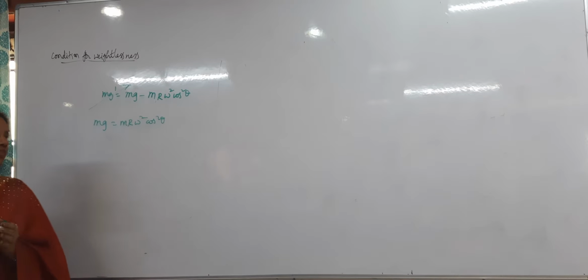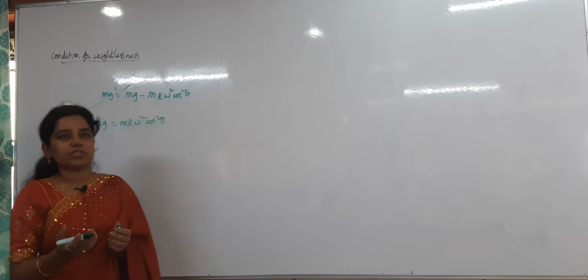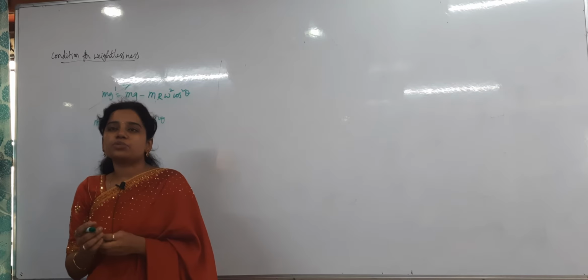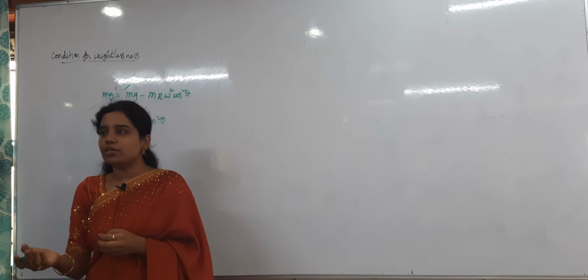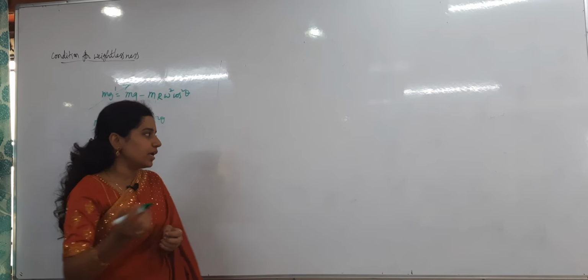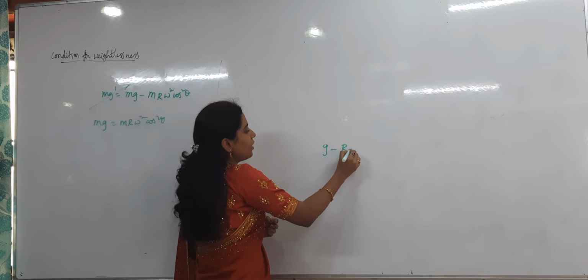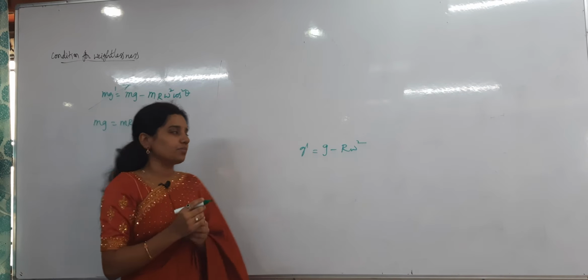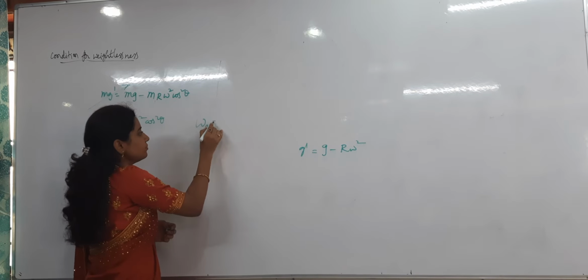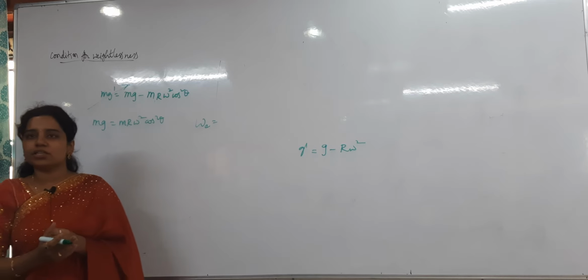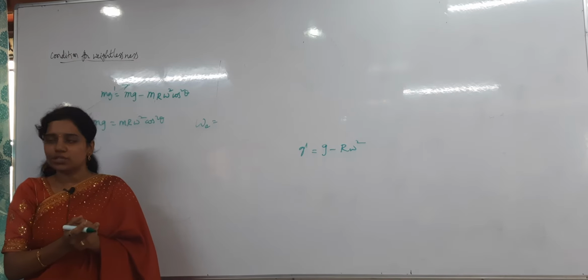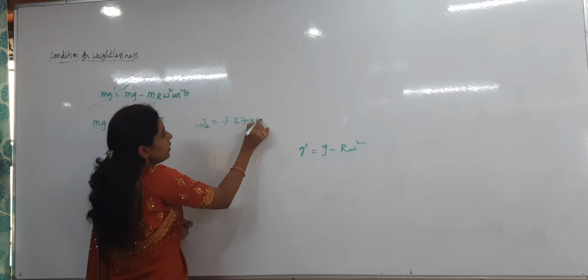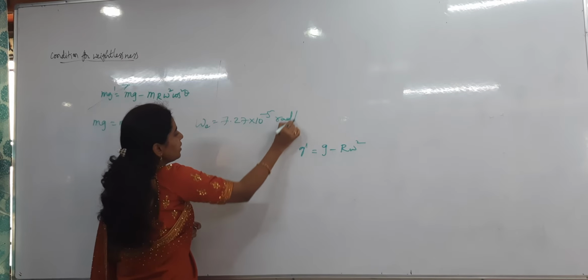The fixed value of the radius is 6,400 kilometers, and whenever you substitute g as 9.8 and theta as 0, we already got that g minus r omega square is equal to g dash. By this equation, omega of the earth is equal to, and also from the escape velocity and orbital velocities we get the equation. Omega E is equal to 7.27 into 10 power minus 5 radian per second.